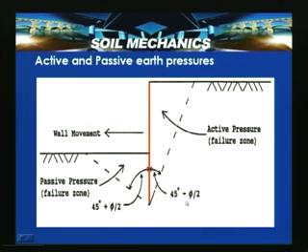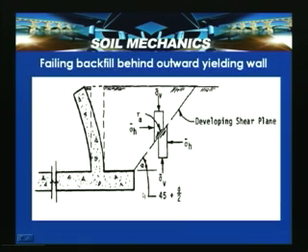So, we said that 45 plus phi by 2 is the possible failure surface in the passive case. And we discussed a failing backfill behind an outward yielding wall. In this slide, a typical cross section where the wall is yielding away from the backfill soil is shown.